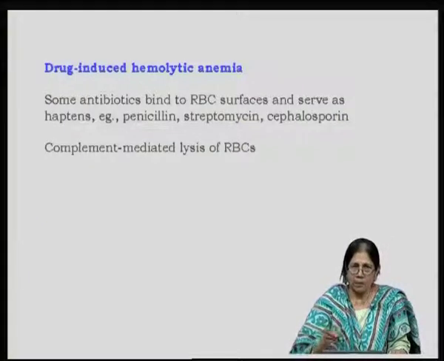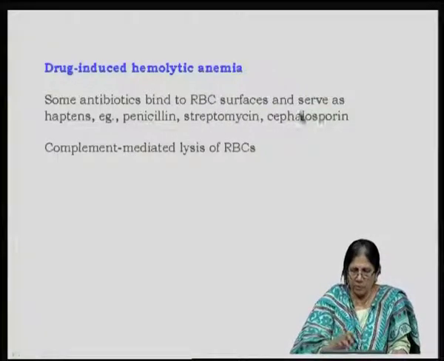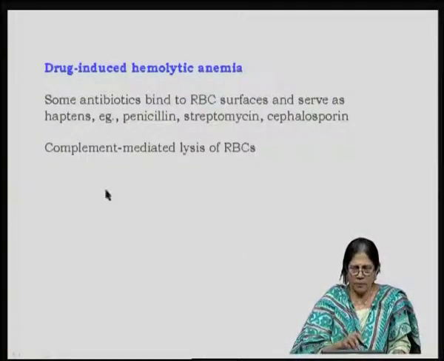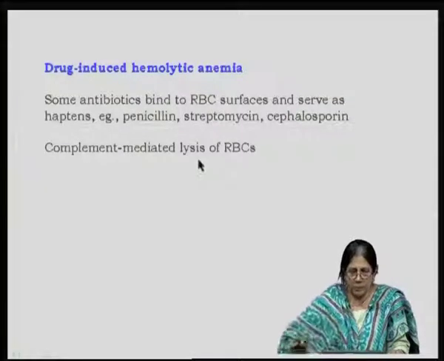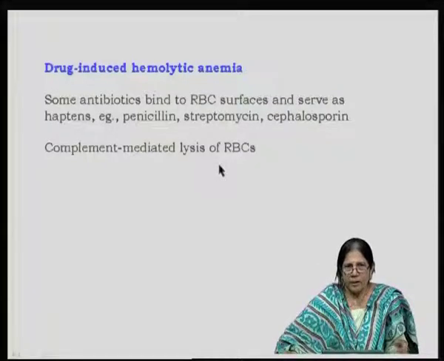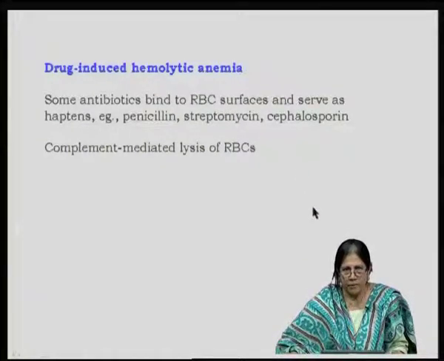There would be antibodies, and therefore, whenever a person under treatment with these antibiotics has made antibodies upon previous exposure, they would now suffer from complement mediated lysis of RBCs. As soon as this is realized, that particular antibiotic can be withdrawn, and this has usually never proved to be very fatal.